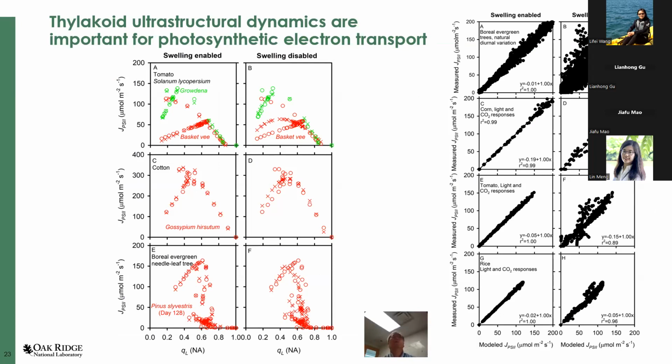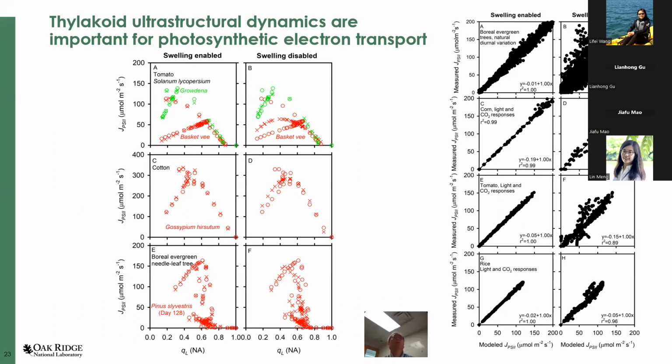This contour figure compares the measured and fitted relationships between the linear electron transport rate and the fraction of open PS2 reaction centers for different species. The left column is the model performance when the thylakoid swelling and shrinking is represented. The right column is the model performance when the thylakoid swelling and shrinking is pretended not to happen.